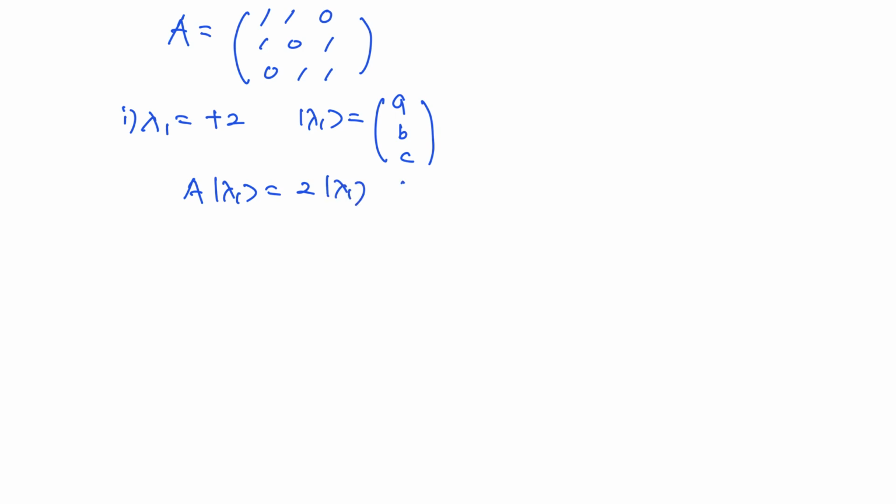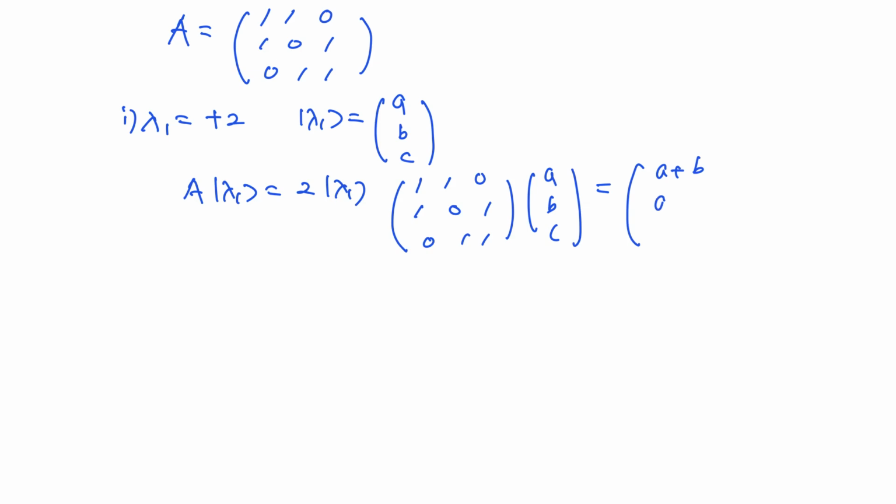Or 110, 101, 011, A, B, C, which is A plus B, A plus C, B plus C is same as twice over A, B, C.